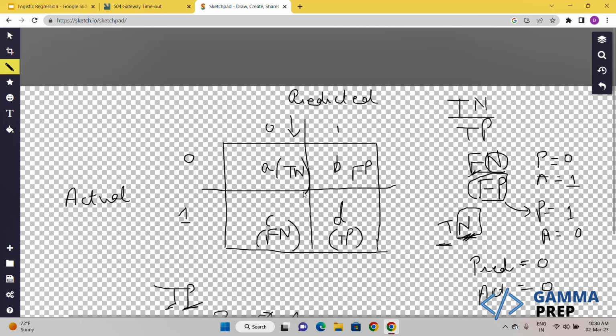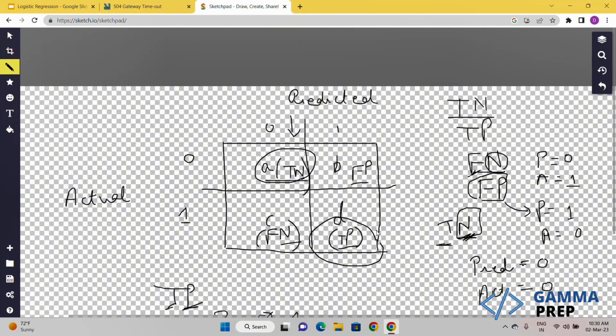So here we will write the number of true negatives, here we'll write the number of false positives, here the number of false negatives, and here the number of true positives. What should we try to maximize? True negatives is something that a model is doing correctly. That is, it is able to make the right predictions. If the actual value is 0, it is able to make the prediction as 0. And here also, if the value is 1, it is able to make the right prediction.